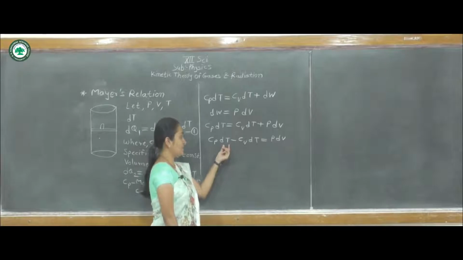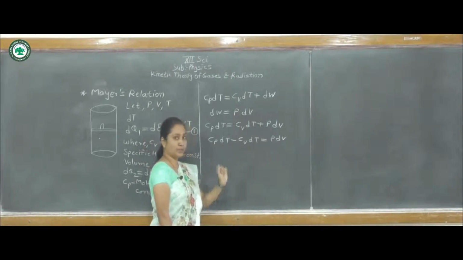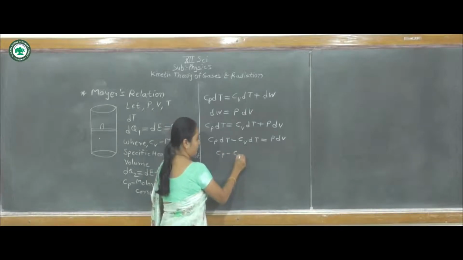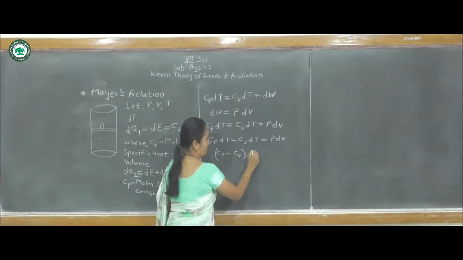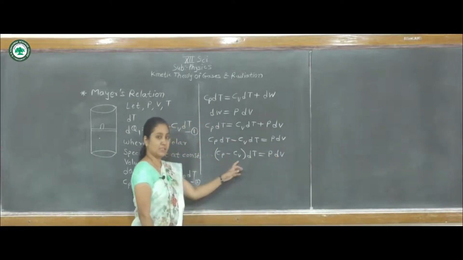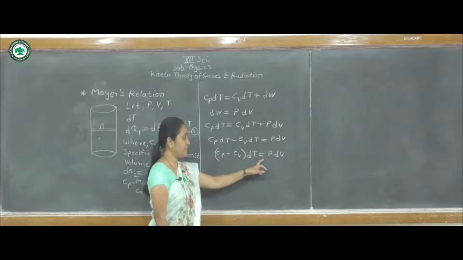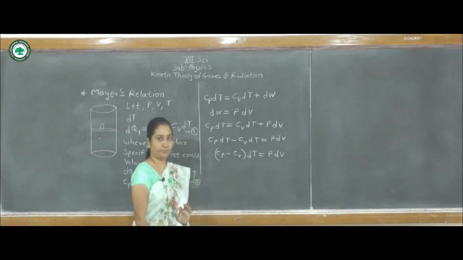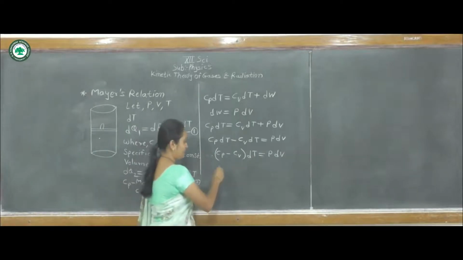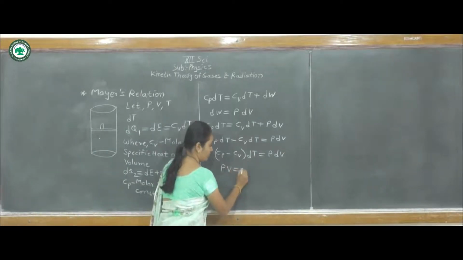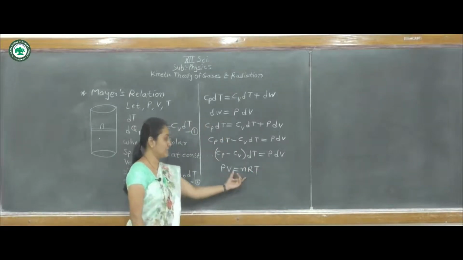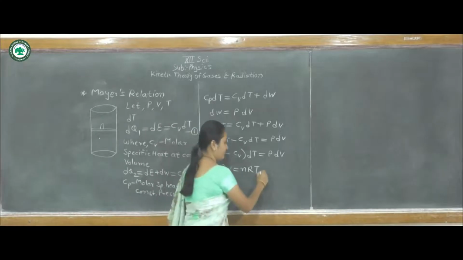In this equation dT is common, so we can write this equation as (Cp minus Cv) dT is equal to P dV. Now the ideal gas equation can be given by PV is equal to nRT. This is the ideal gas equation.